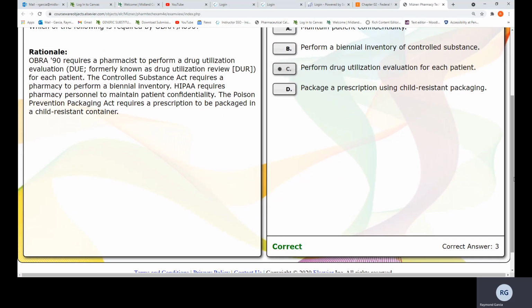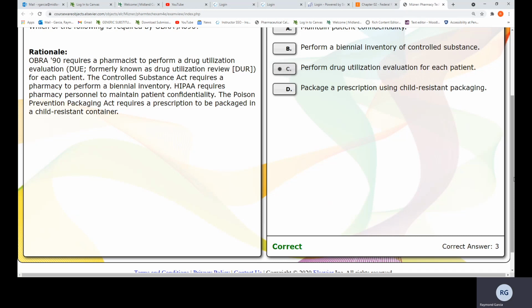Yeah. So OBRA 90 requires a pharmacist to perform a drug utilization evaluation, which is called DUE, formerly known as drug utilization review, for each patient. The Controlled Substance Act requires a pharmacy to perform a biannual inventory.